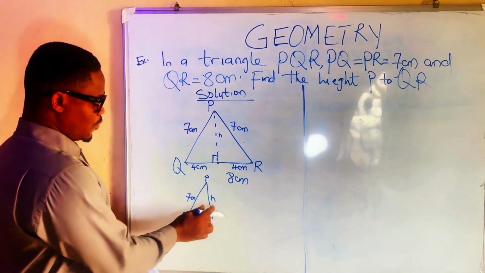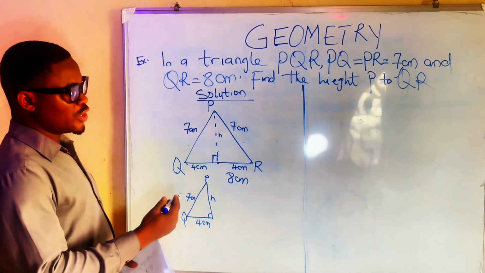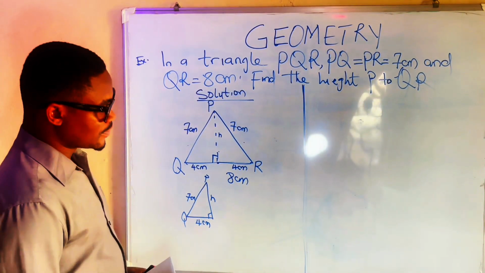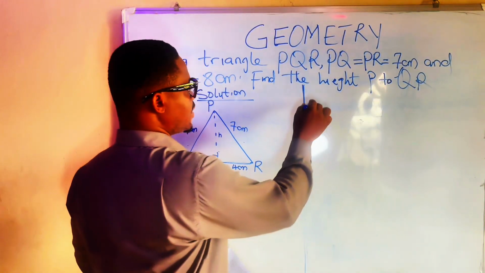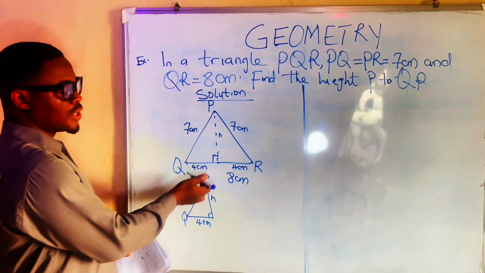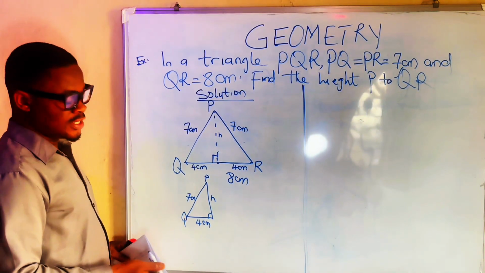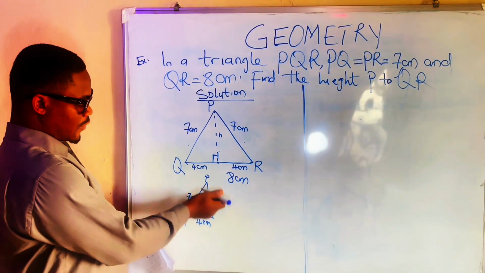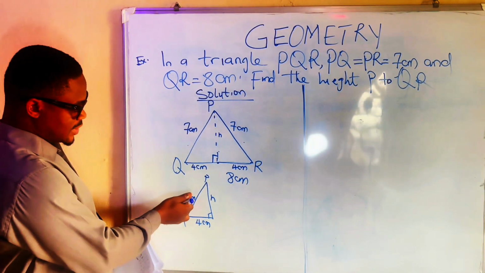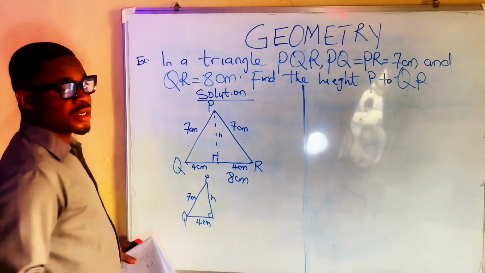So we know for a right angled triangle, to get the remaining sides, we need to implement what is called the Pythagoras theorem. And what does that Pythagoras theorem say? It says that if you have a right angled triangle, the square of the hypotenuse, which is the side facing angle 90 degrees, is equal to the sum of the square of the adjacent plus the square of the opposite.